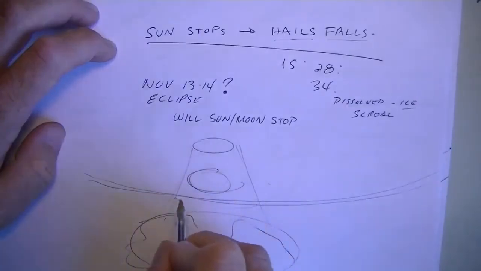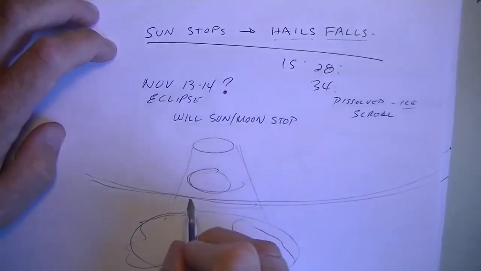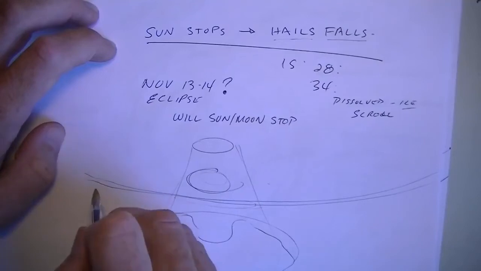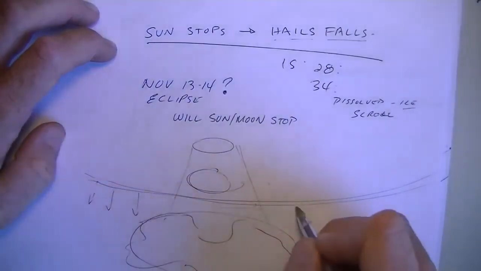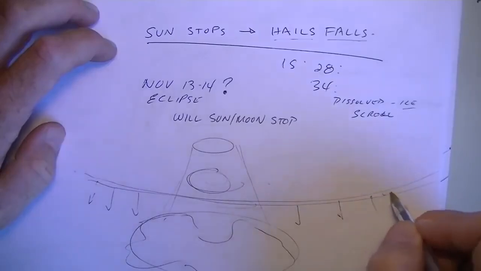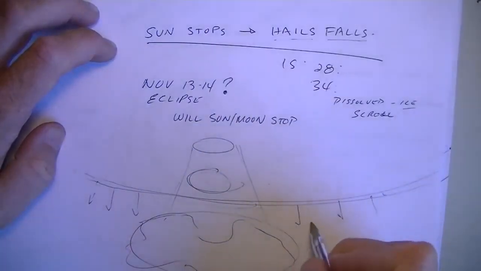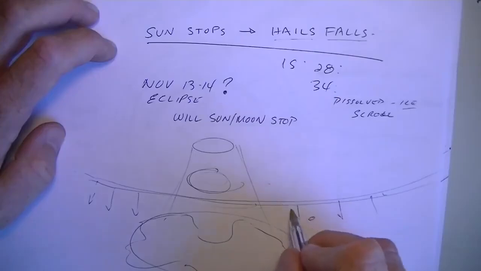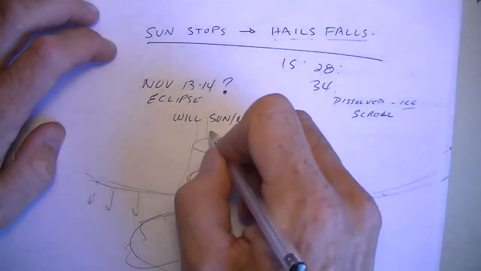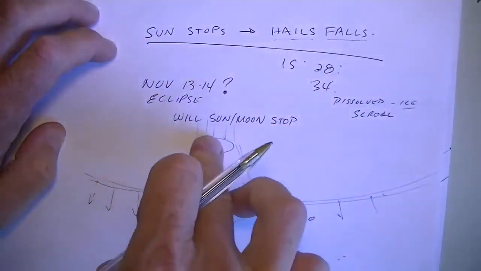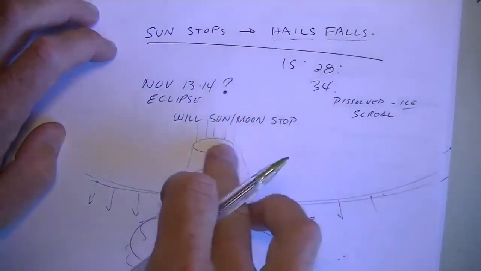Well, this area is protected, it's shaded, so it's not going to melt as quickly anyway. This ice is going to fall down like figs off a fig tree. But after the ice falls, that's not the end of things, because if the sun is still stationary like that, it's still generating heat disproportionately.